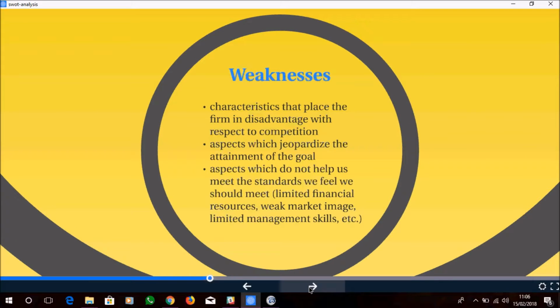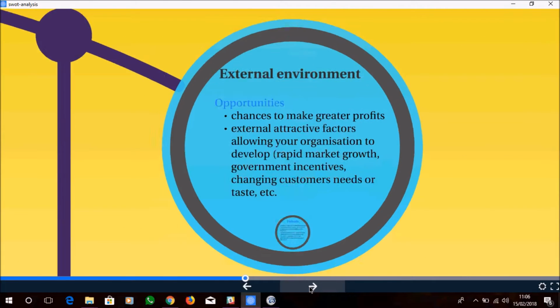Weaknesses are those characteristics that place the firm in a disadvantaged position with respect to competition or to other factors, and are those aspects that jeopardize somehow the attainment of the goal. These are aspects which do not help us meet the standards we feel we should meet, like we have limited financial resources or limited management skills or any kind of limitations coming from inside the organization.